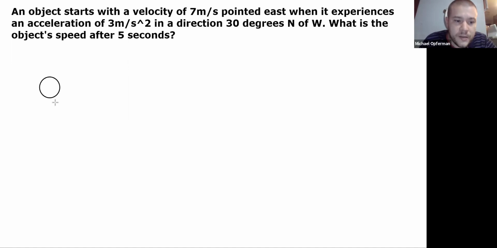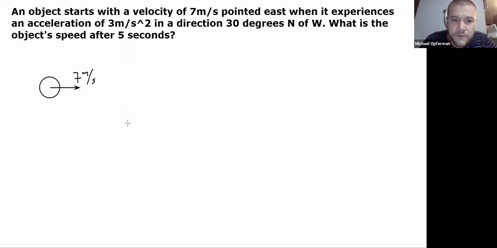So here's my object, and it's going in this direction. I'm using the standard north, south, east, west, and this is 7 meters per second. And it experiences an acceleration 30 degrees north of west.